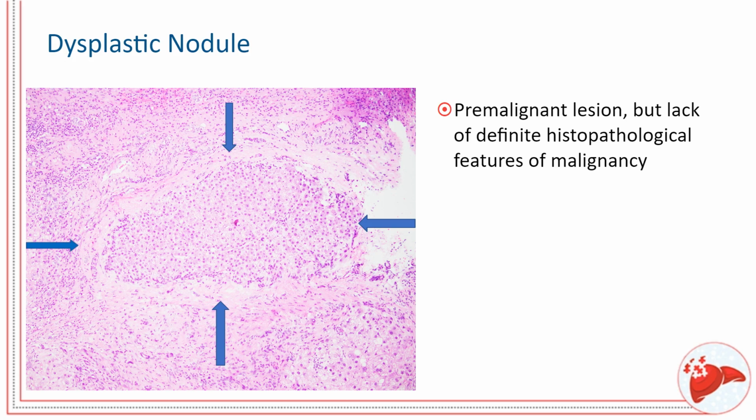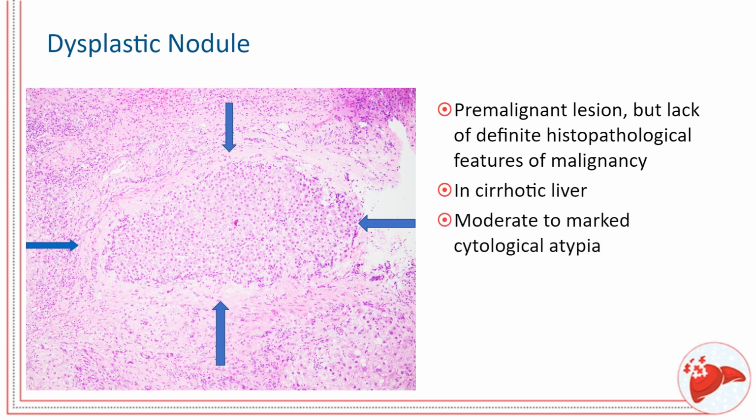It occurs in a cirrhotic liver, and it shows moderate to marked cytologic atypia. Like this one, this dysplastic nodule stands out compared to the other regenerative nodule in the background, which is shown in the right lower corner here.